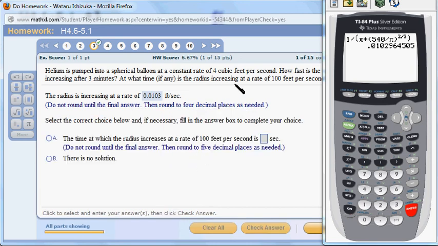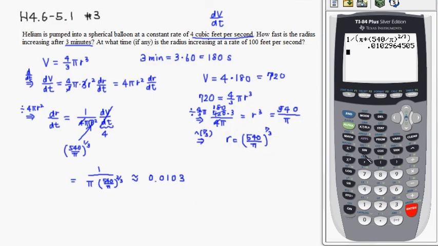Then it says, at what time is the radius increasing at the rate of 100 feet per second.